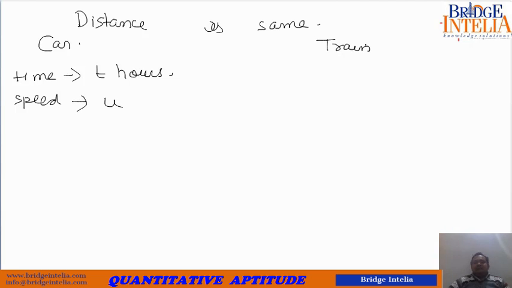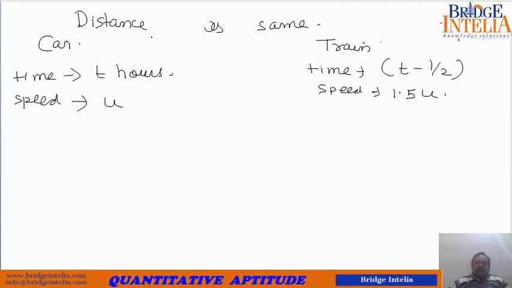Whereas for the train, time taken t minus half, speed 1.5 u. But the distance is same. So distance is speed into time. So you can say t into u should be equal to t minus half into 1.5 u.